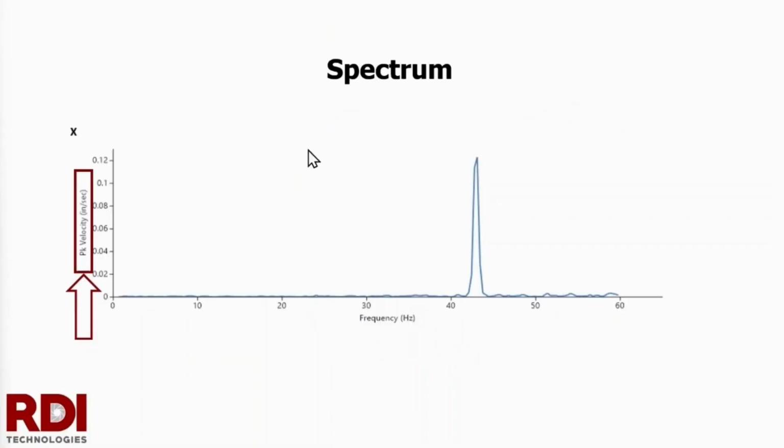And so now, if we view this spectrum, note that the amplitude scale is no longer in displacement in mils, it is now in velocity in inches per second. And here our peak scales to about 0.12 inches per second of velocity.